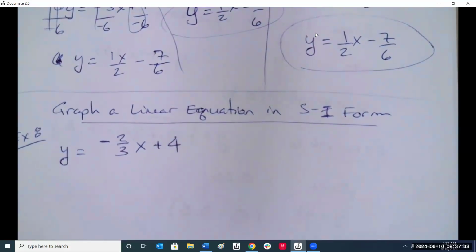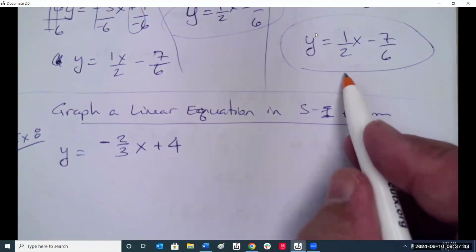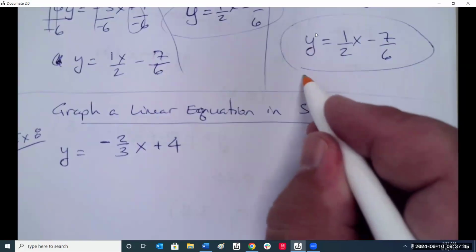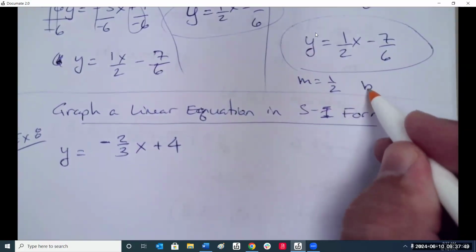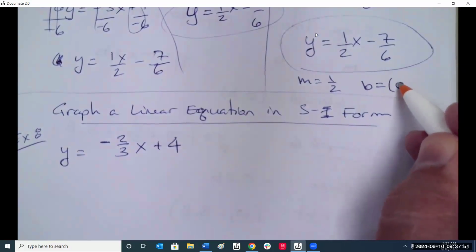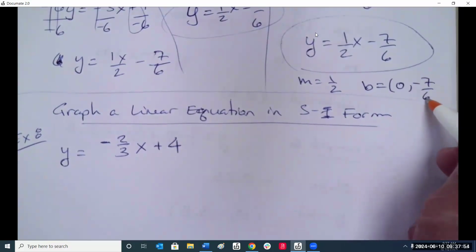So the last example, we were just supposed to find y. You have to solve the equation. Well, then, okay, what's the slope? Yeah, the slope is 1/2. The y-intercept is at 0, negative 7/6.